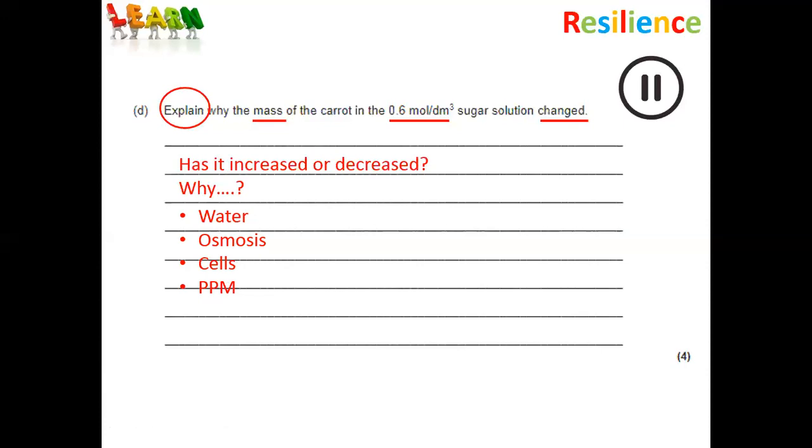And if you can, you should give a reason why the water has gone in the direction that you've said. So has it gone in or out of the cells, and why? By thinking about where is the solution most dilute. Is it more dilute on the outside of the cells or more dilute on the inside of the cells?